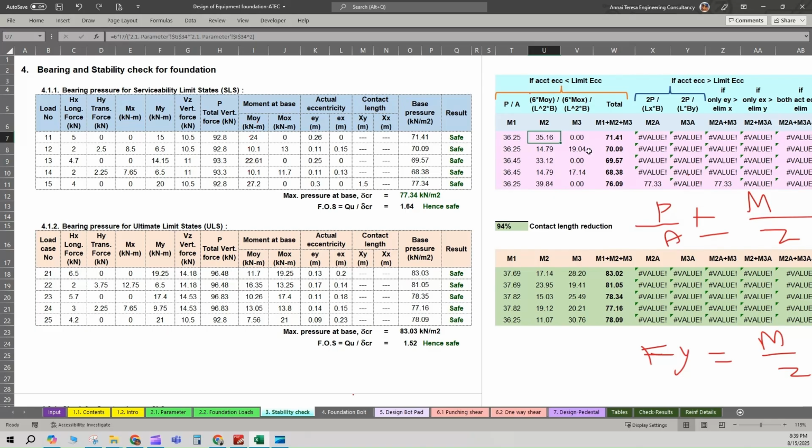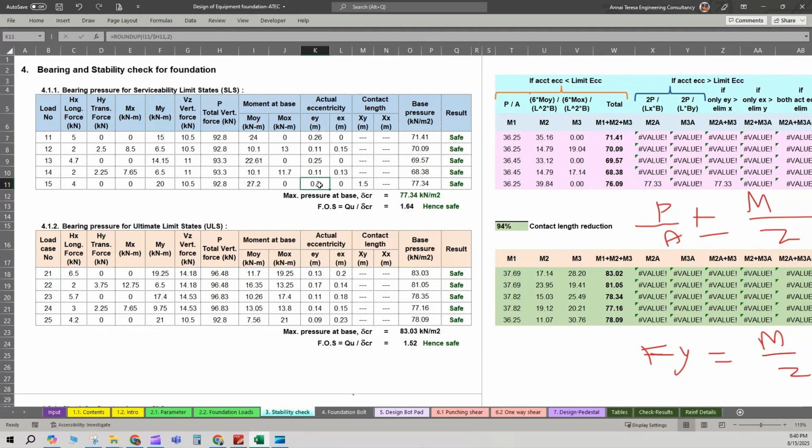Similarly, MOX also needs to be found. Here it is 0, so there is no moment and no pressure due to this moment, and the summation of all these gives 71.41. So actually all these cases are applicable for those having actual eccentricity less than the limiting eccentricity.